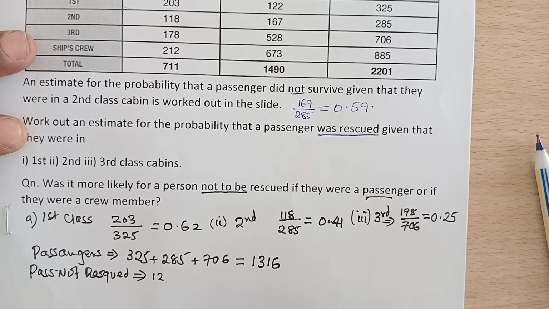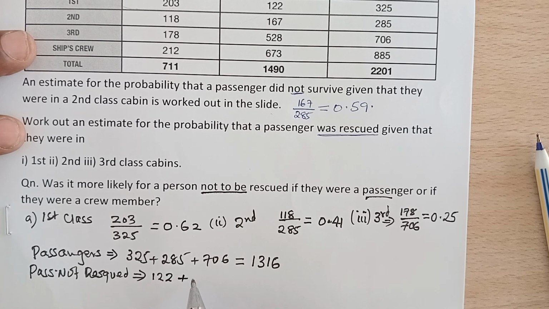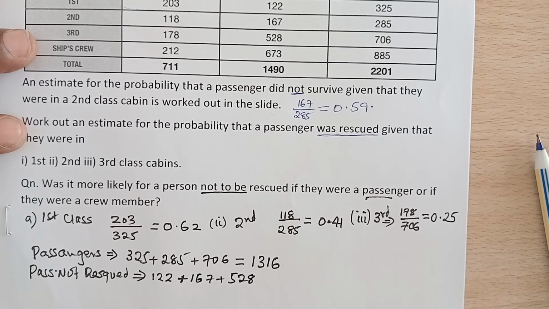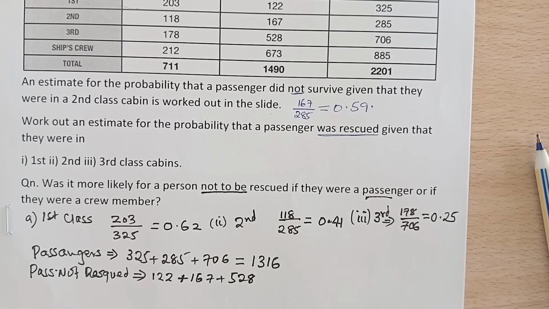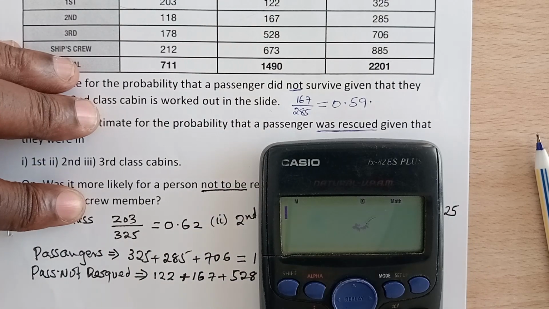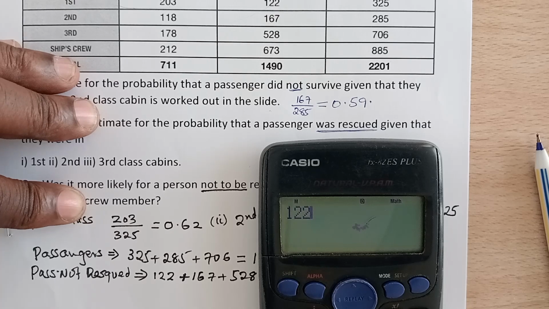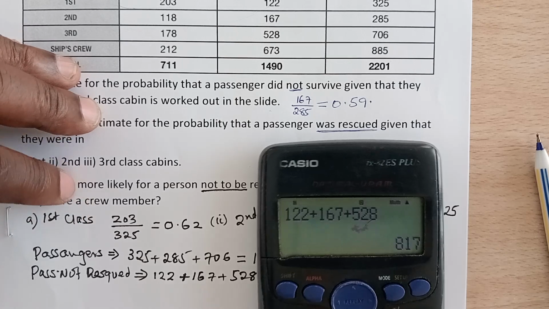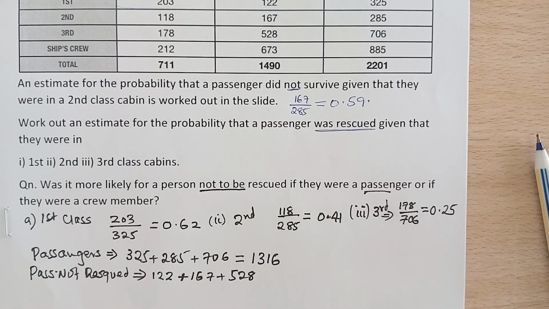So 122 plus 167 plus 528. We can confirm that. That is 817 passengers in total who died.